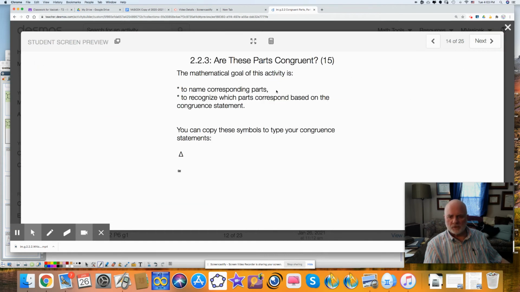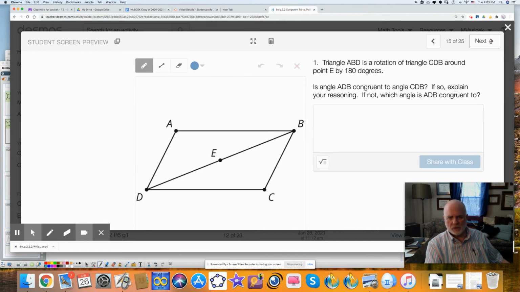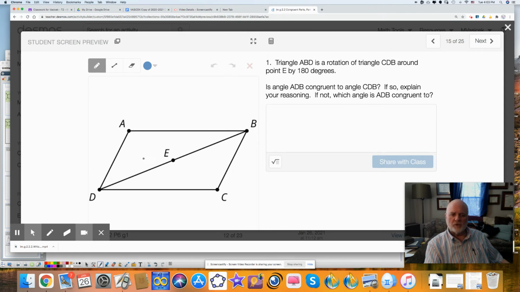Are these parts congruent? Here, I'm going to use these statements. I'm going to copy these letters over to try to make a congruent statement and then check if the parts that are corresponding are congruent. You're told that triangle ABD is a rotation of triangle CDB.